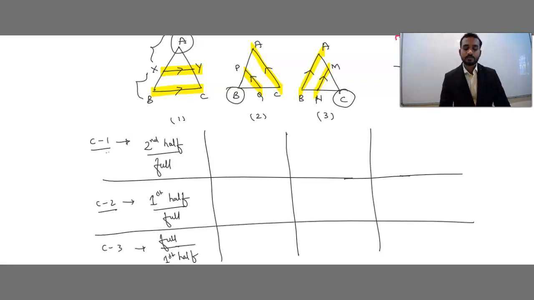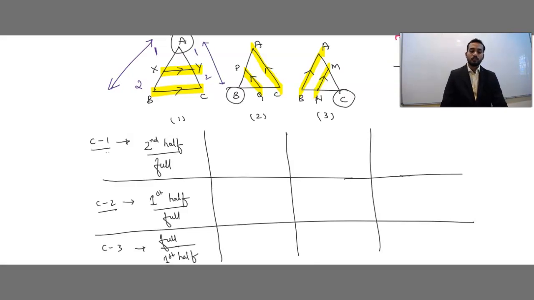For figure 1, second half. See children, what is the meaning of first half and second half? This is first half, can you see here? This is second half. Full means this completely is full. First half is AX, second half is XB, full is AB. Again here is first half, this is second half, and this is full.